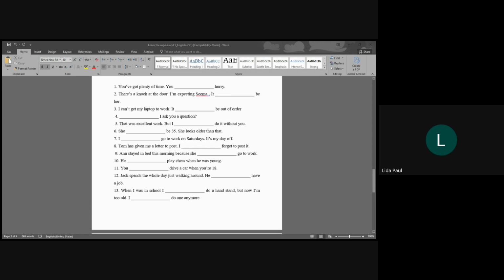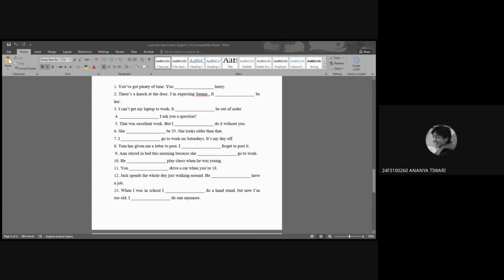Okay. Second one, there's a knock at the door. I'm expecting Seema. It dash be her. Could and should, I think both will work. Could will give a suggestion, and should is not a suggestion. In this context, can we use a suggestion? Suggestion does not fit this context.